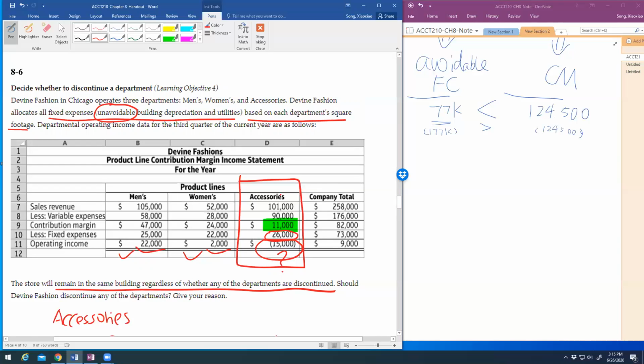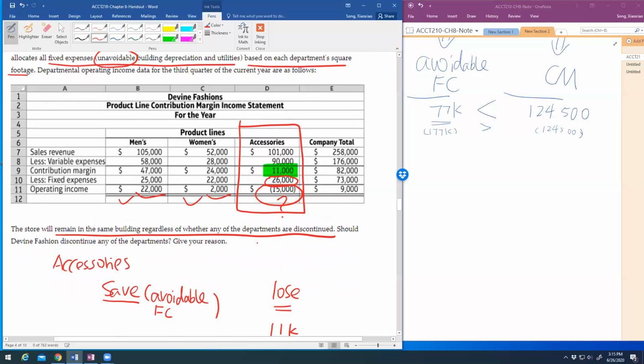So what's the meaning? Even if you discontinue the accessories department, the store will be the same. So there is no change in the square footage, so there is no saving on the fixed cost. There is no avoidable fixed cost.